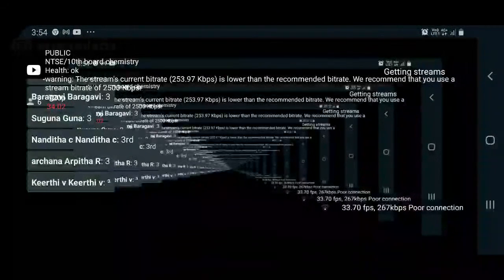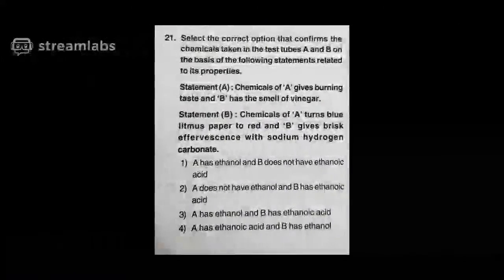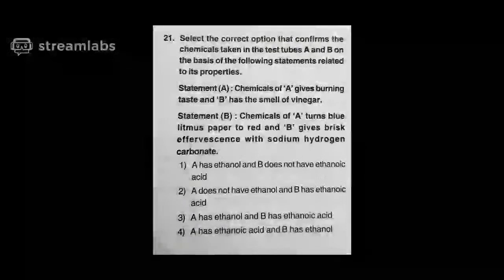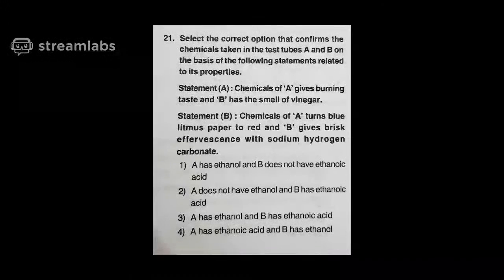Okay, we'll move on to the next one. Select the correct option that confirms the chemicals taken in test tubes A and B on the basis of the following related properties.